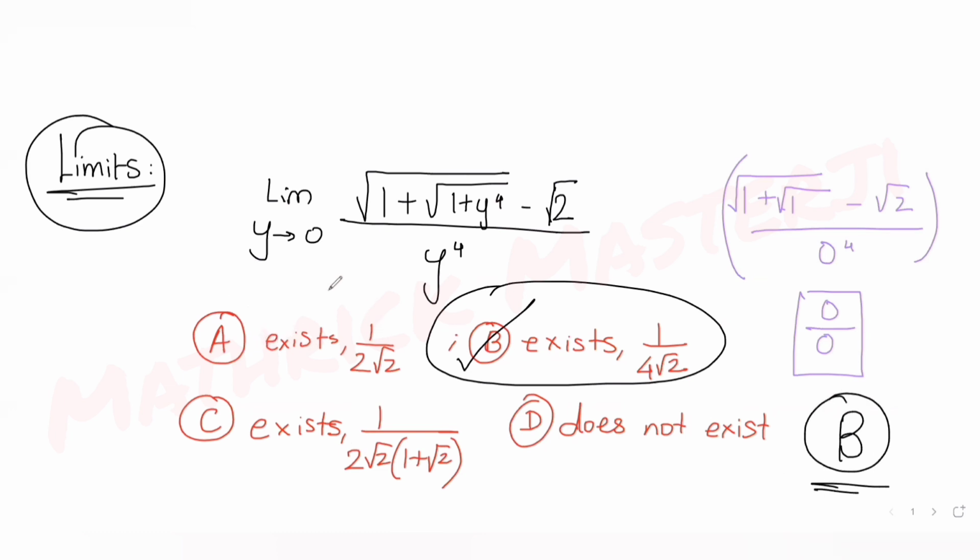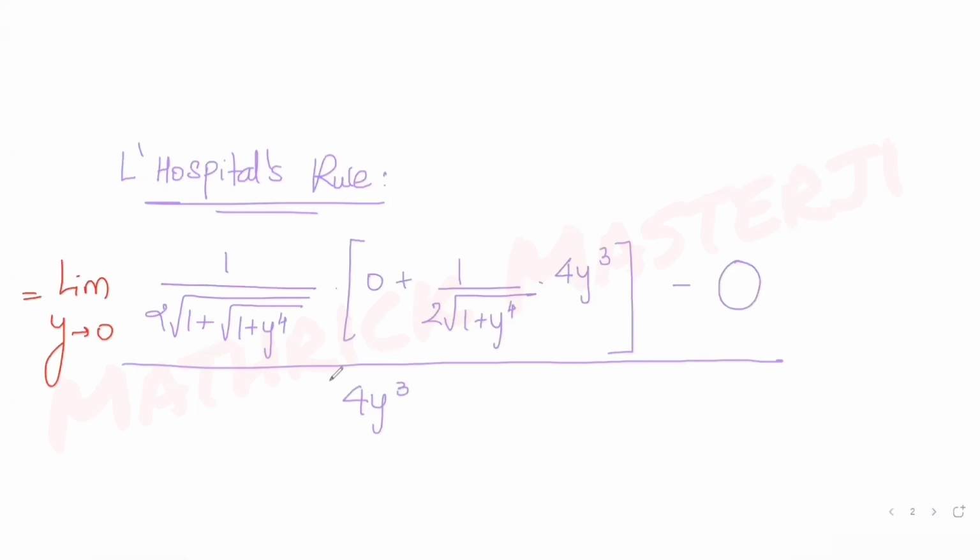I hope you have understood how to solve this type of question on limits. This was a pretty easy question where they asked us whether the limit exists or not, and if it exists, what is its value. I put y as 0 first and got the indeterminate form 0 by 0. Then I used L'Hopital's rule to find the derivative of the numerator and denominator separately.